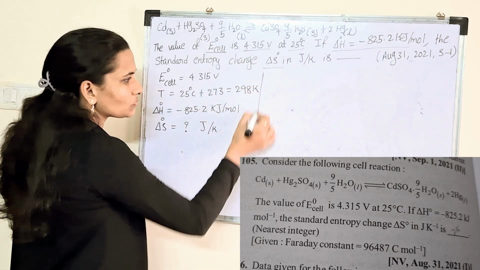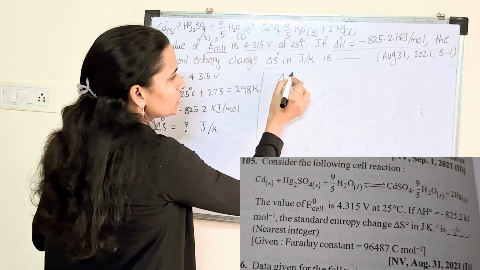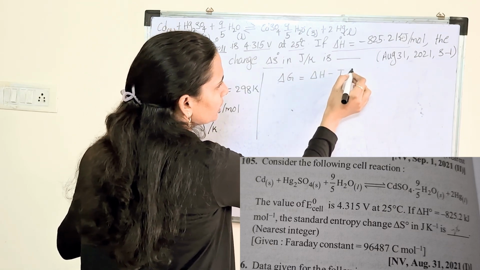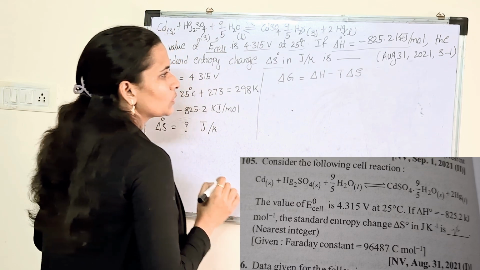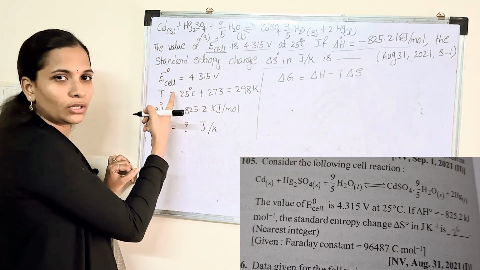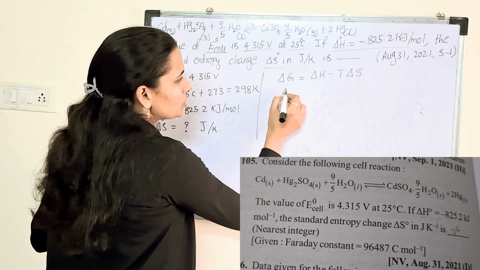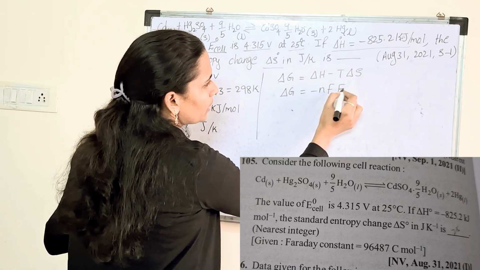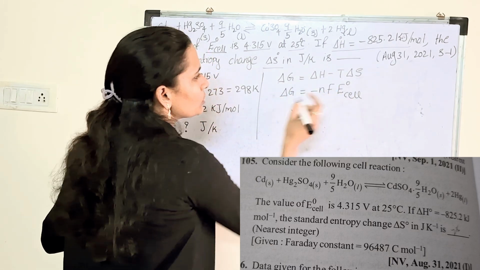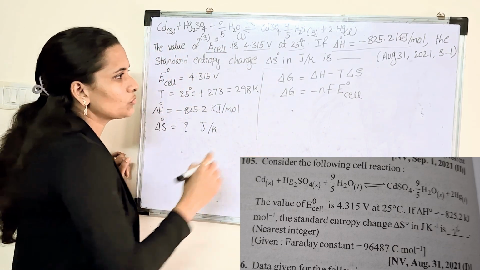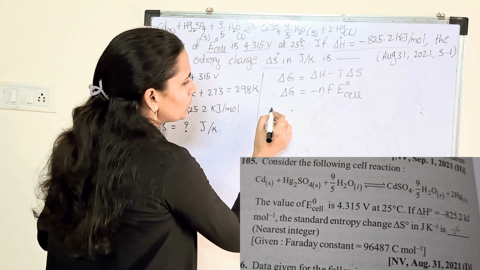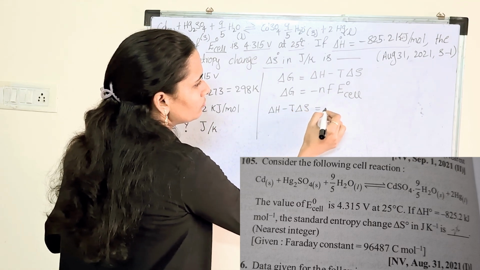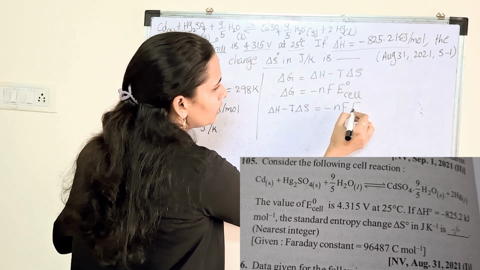Now we know the formula: delta G equal to delta H minus T delta S. Next, one more formula in terms of E° cell: delta G equal to minus nFE° cell. These two are the formulas of delta G, so now we equate both. Delta H minus T delta S equal to minus nFE° cell.